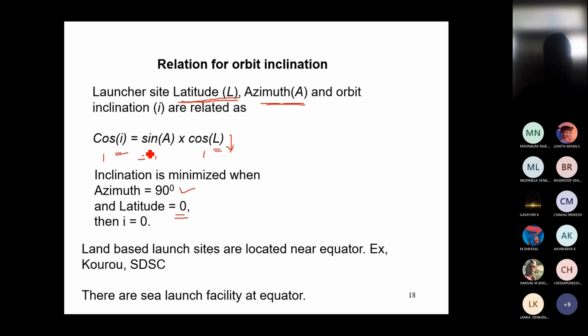Have a look on this factor, which is sine of A or sine of azimuthal angle. Okay, so what about the azimuthal angle? Is the azimuthal angle 90 degree particularly at Sriharikota? Because we are concerned about Sriharikota. Is it 90 degree? No, it cannot be 90 degree. It will be more than 90 degree.